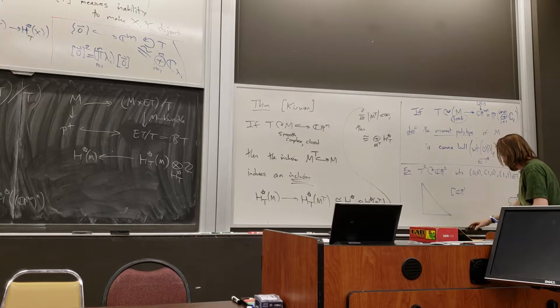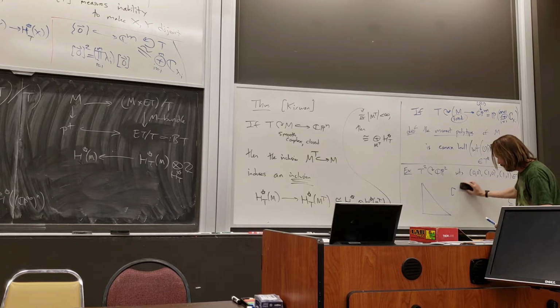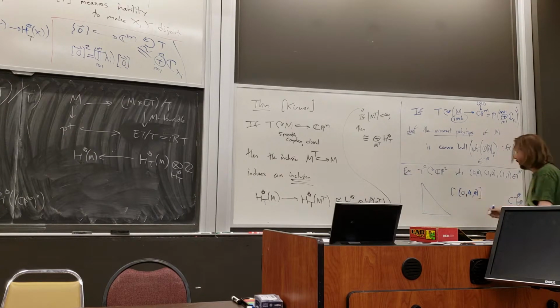Let's consider all vectors of the form 0, star, star. So they use the second and third coordinates. This is a CP1's worth of points inside CP2. And I want to consider this guy's class inside the T equivariant cohomology of CP2.